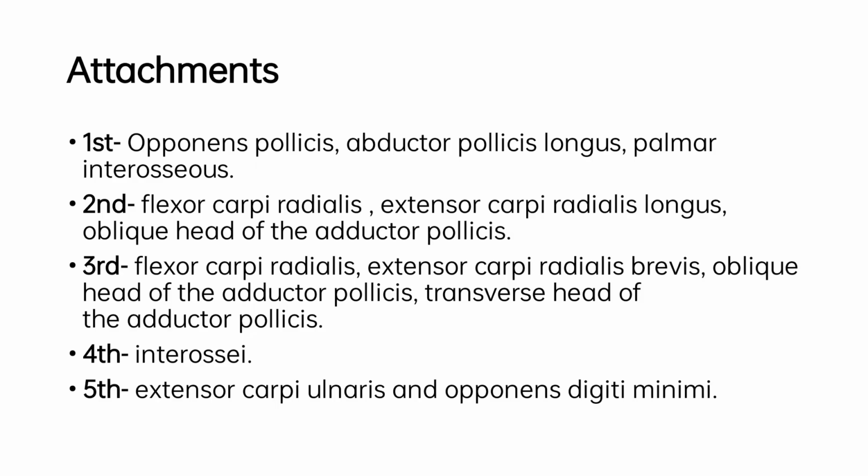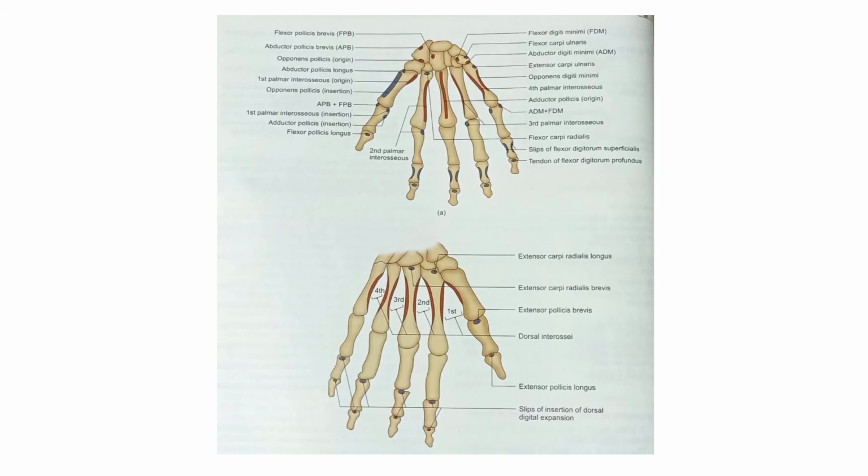Alright, now attachments. First, the opponens pollicis is inserted on the radial border and the anterolateral surface of the shaft.